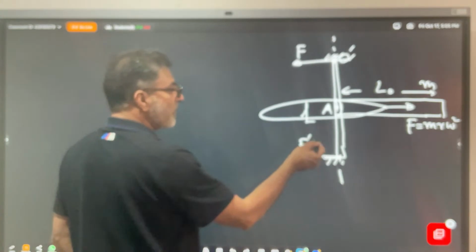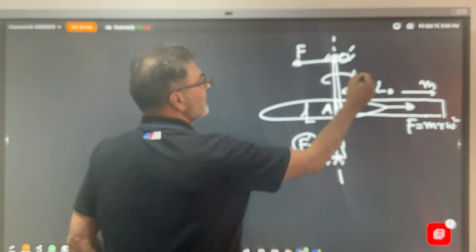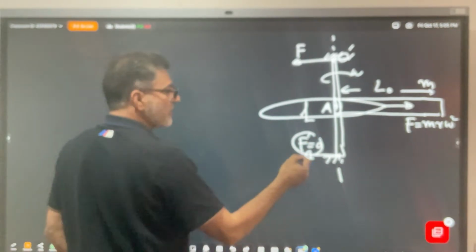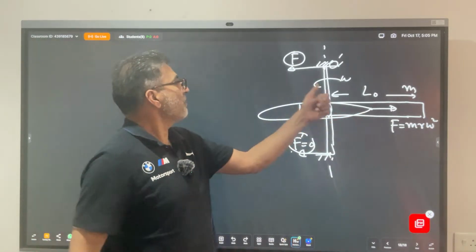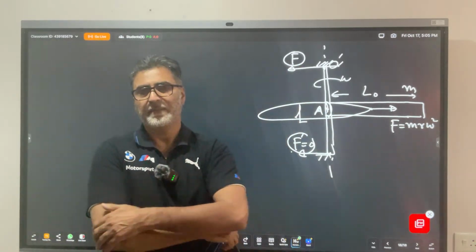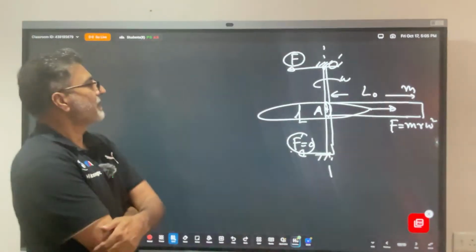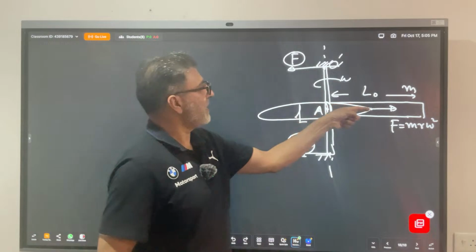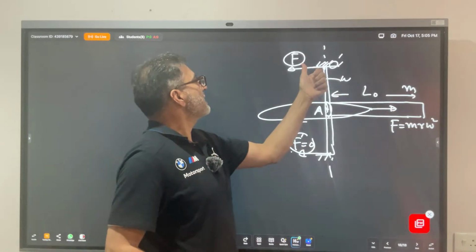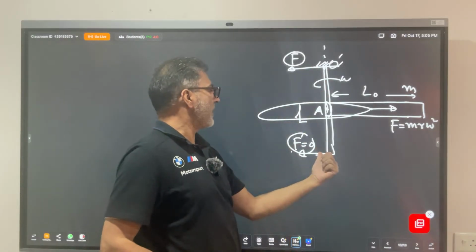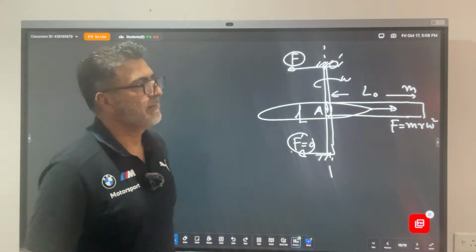But we have to see what should be the frequency of rotation of this rod so that the force here is 0 and this force is balanced by only this force. That is the question. The rod rotates, there is a centrifugal force, and this centrifugal force is balanced by the force at the upper end, not at the lower end, because the lower end should have force 0. There should be no pressure on this lower end.